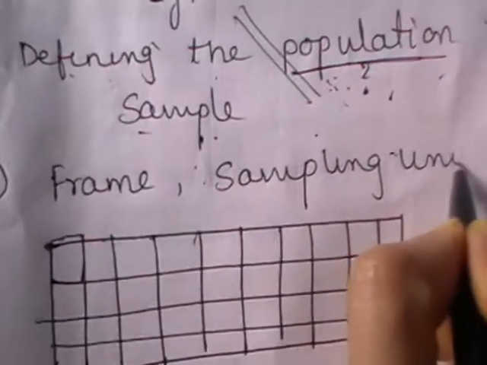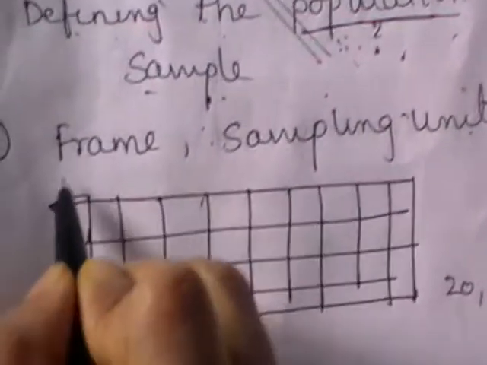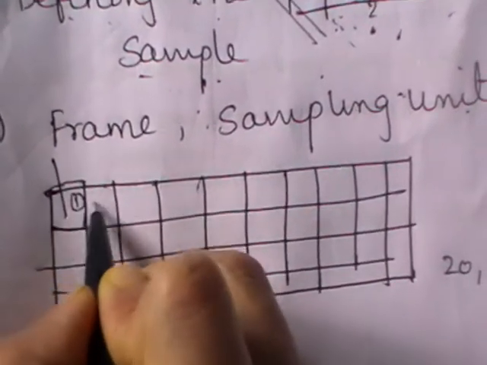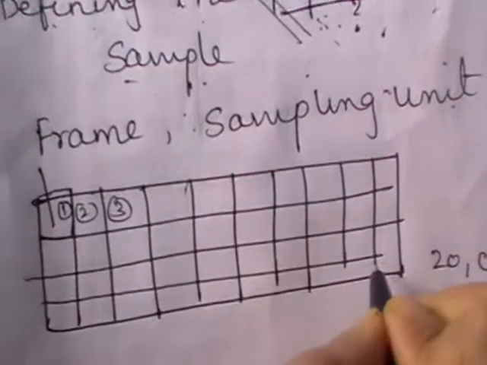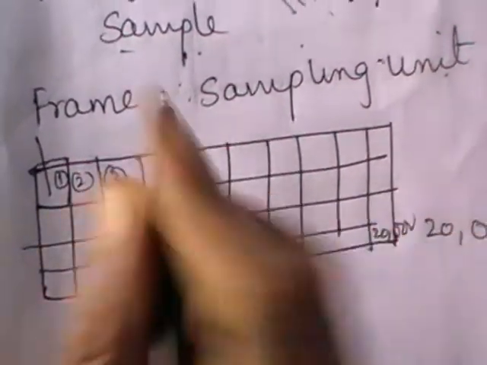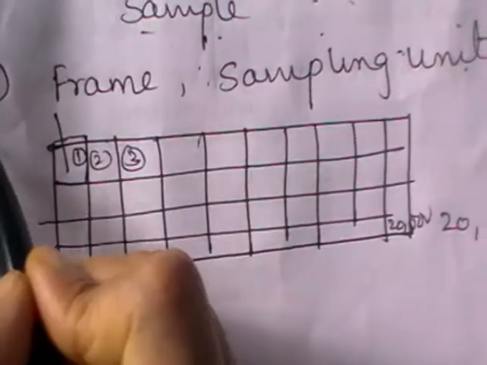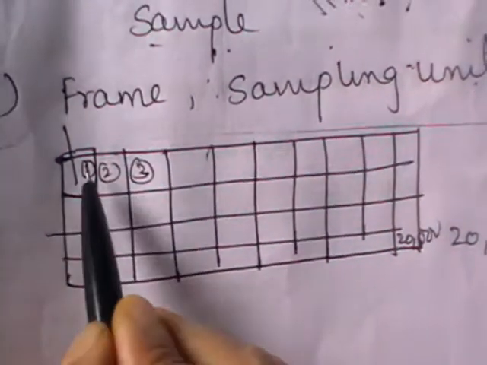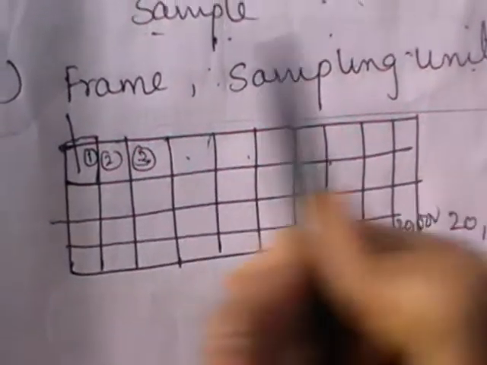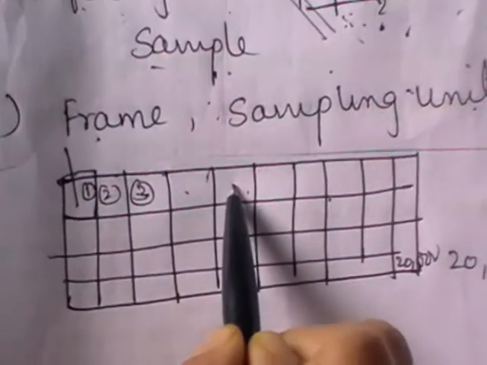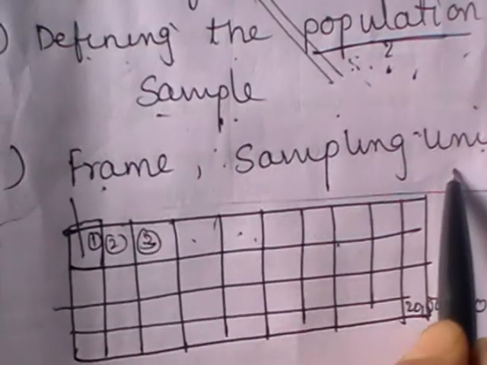We call this a sampling unit: this is the first family, second, third, up to 20,000 families, so you should have a framework of this. This entire division of the population into individual units is called the frame, and each unit in this frame is called a sampling unit.